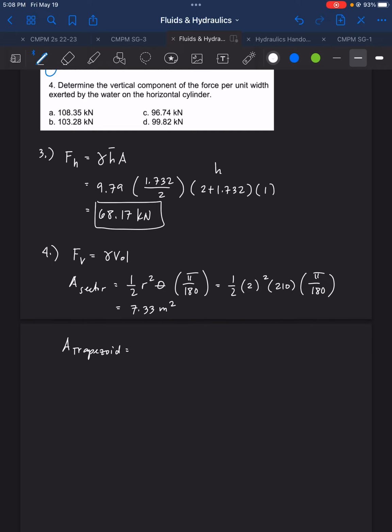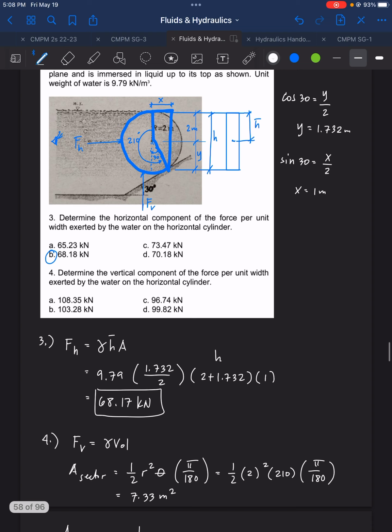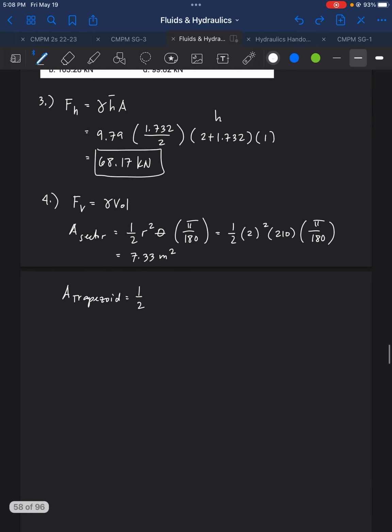How about the area of the trapezoid? The area of the trapezoid here is 1/2. And then we will consider here the base as this one here. So this is the base 1, and then this is the base 2. The base 1 here is 3.732 plus 2.